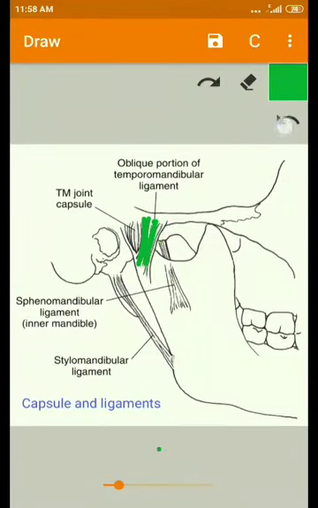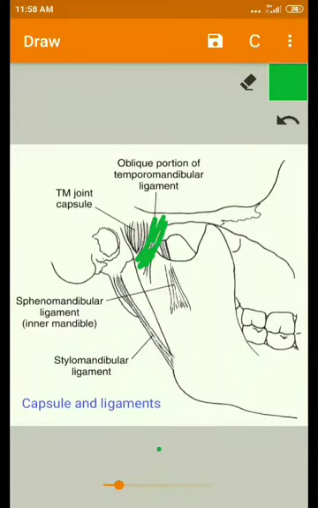The outer oblique portion attaches to the neck of the condyle and to the articular tubercle.